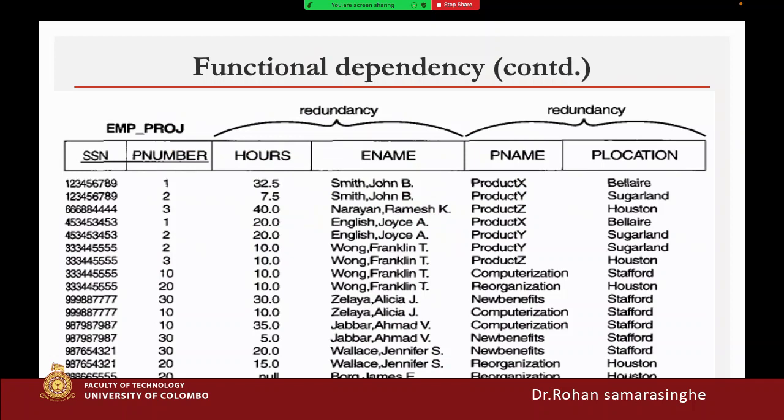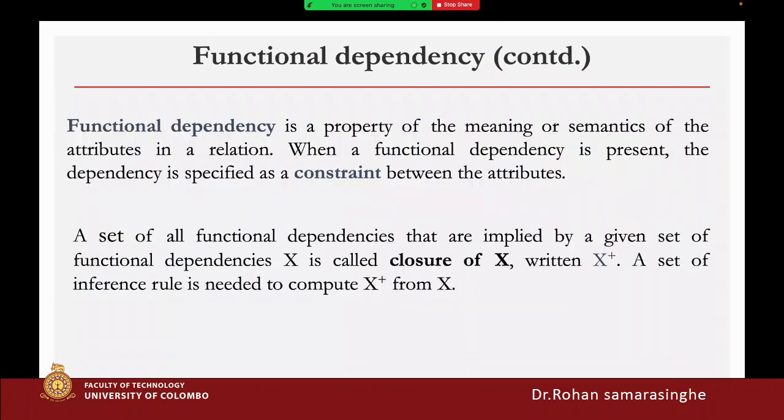From these attributes, X, Y, Z or something like that, we can get a subset.